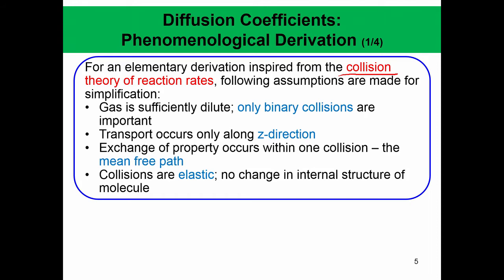That is the difference. We will assume that the gas is sufficiently dilute and only binary collisions are important, so there are no three body collisions as such, because if the gas is dilute, all three molecules cannot be at the same place at the same time. We will see that this transport will only occur in the z direction, which is the vertical direction, and the exchange of property occurs within one collision, that is the mean free path.